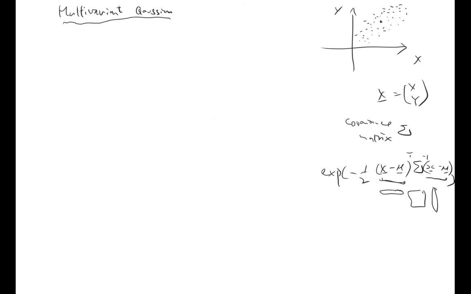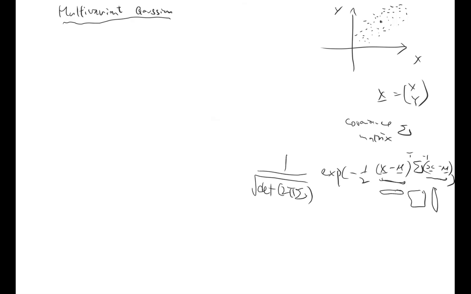So this is the exponent, and then the normalization factor, what's that? I forgot actually. It's equal to, again, the square root of the determinant of 2 pi sigma.